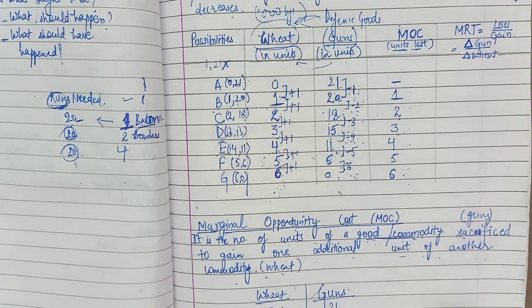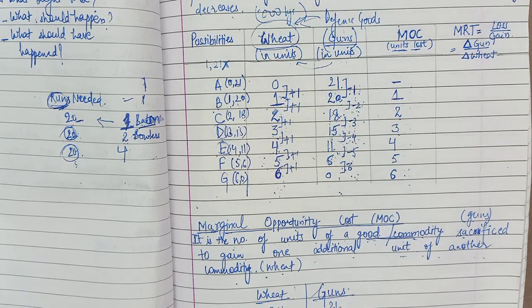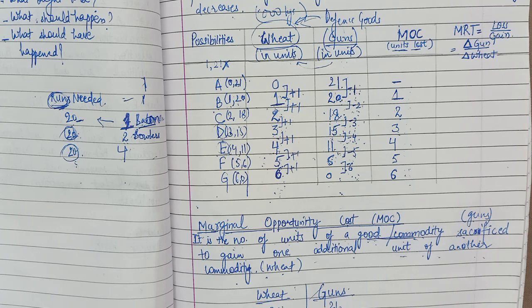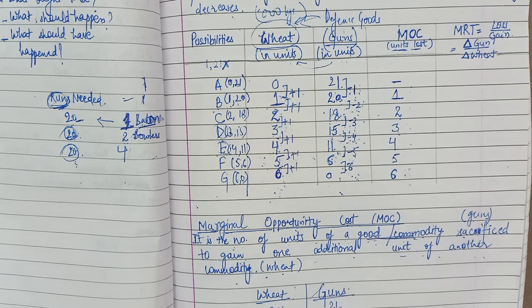If you want to increase the production of one good, you have to reduce the production of the other good, because resources are not increasing. Let us suppose you have a total of 3 hours for your classes. Now we increase the time of the economics class by 1 hour, and the time for all the classes will still be 3 hours only.